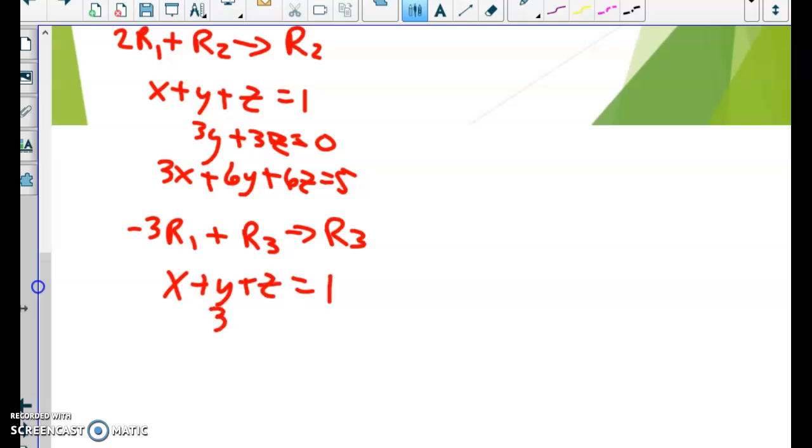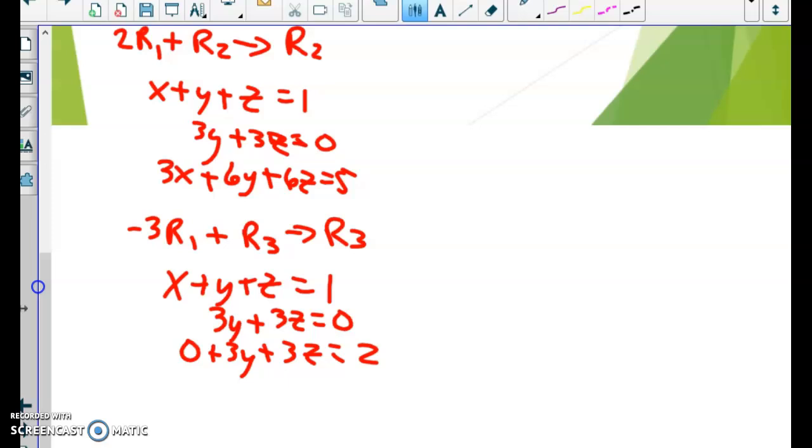My second row would stay the same now. And my third row would be negative 3 plus 3 gives me 0. I have negative 3y plus 6y gives me 3y. I have negative 3z plus 6z gives me 3z. Negative 3 plus 5 gives me 2.